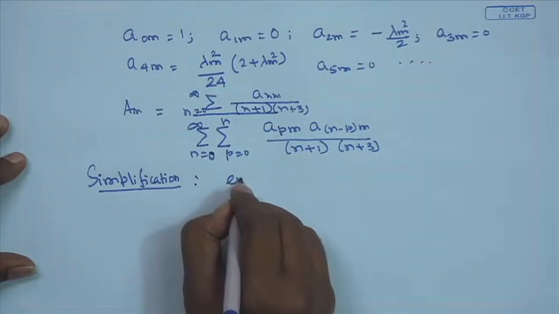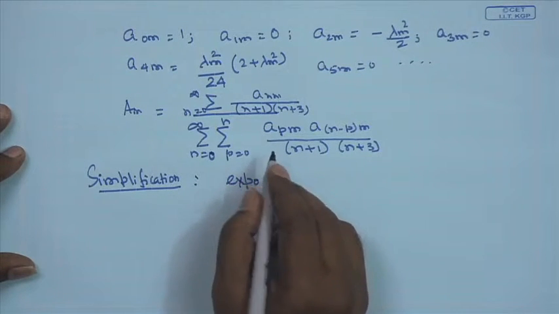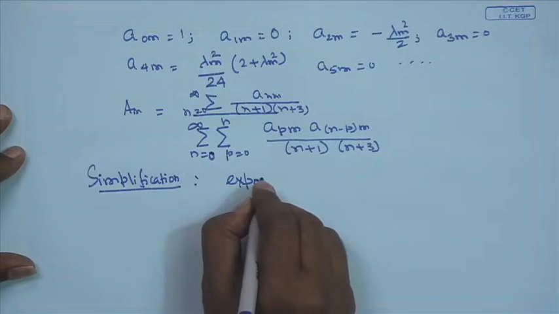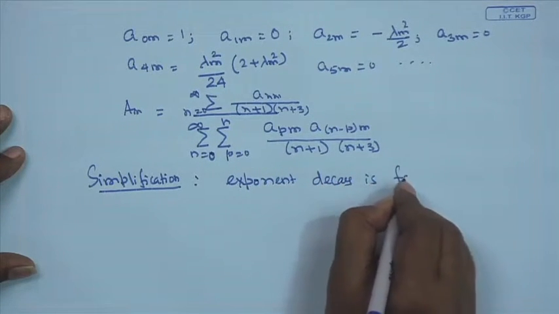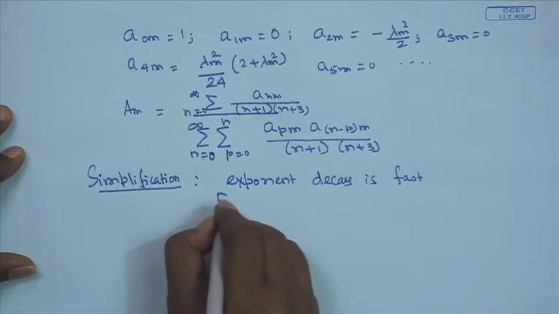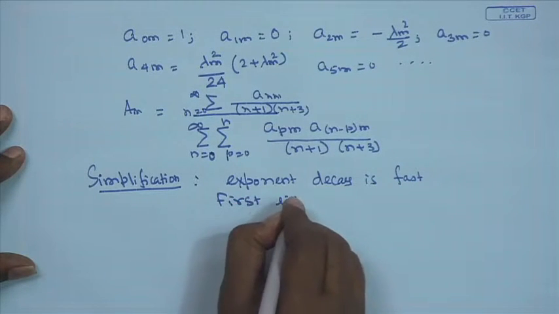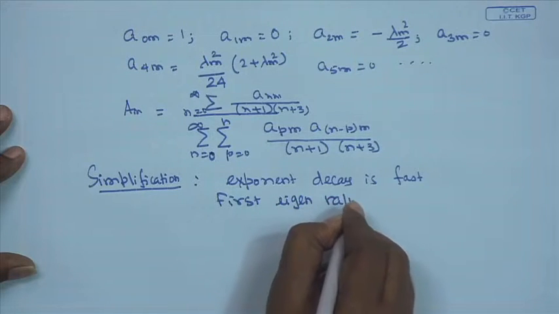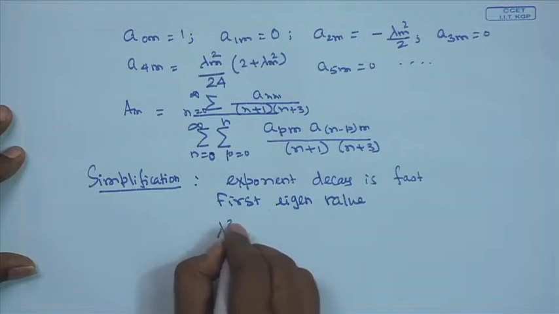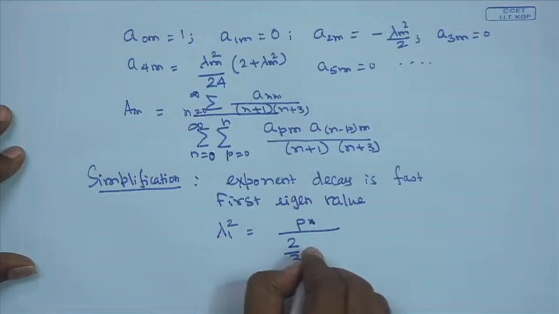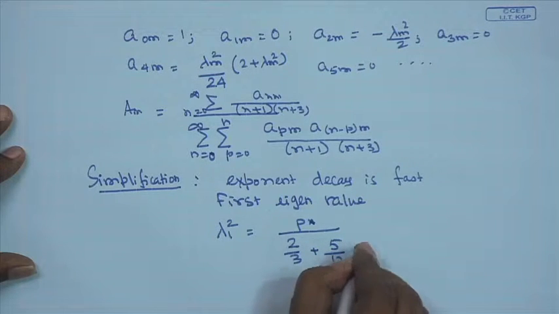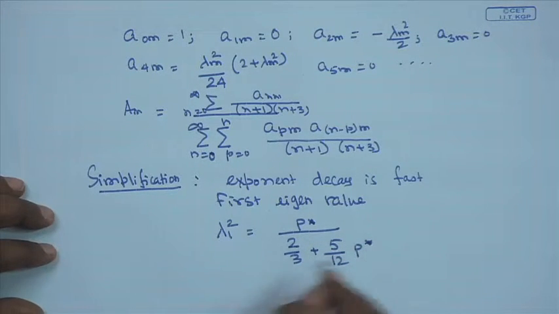Since the decay is fast, we can consider the first eigenvalue and the first term of the series. That will be lambda 1 square is equal to p star divided by 2 by 3 plus 5 by 12 p star.